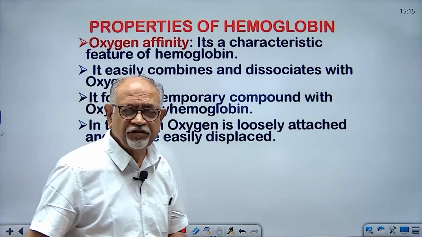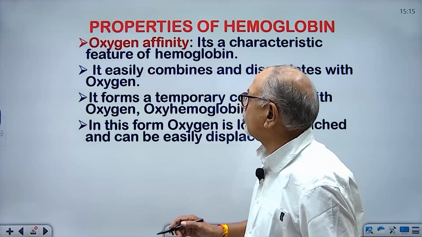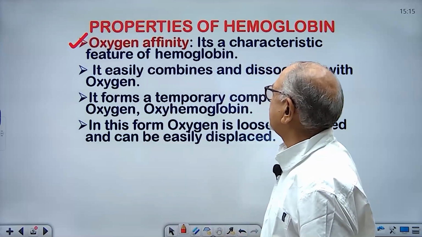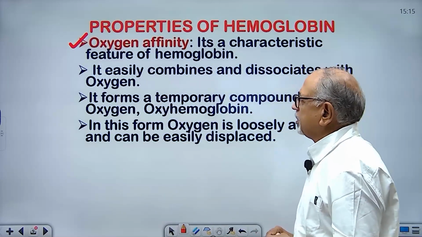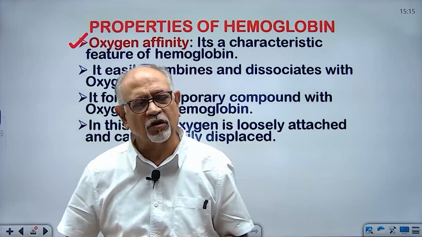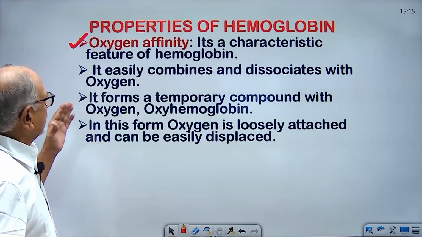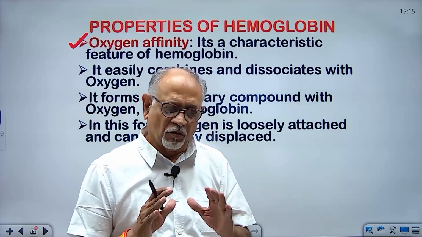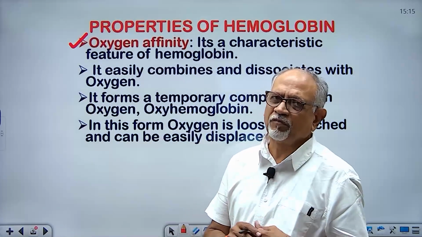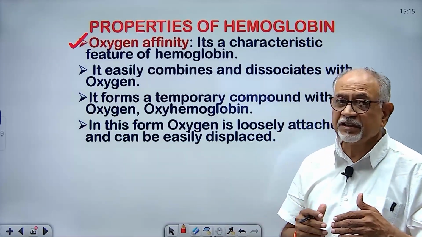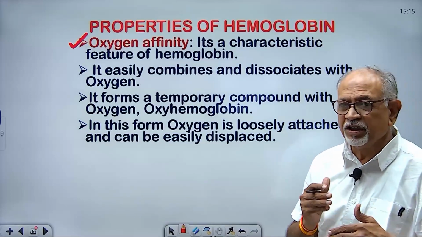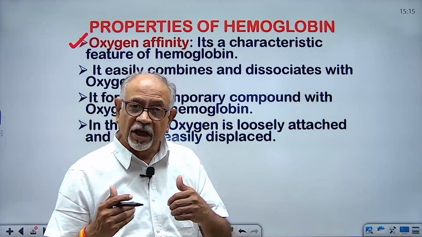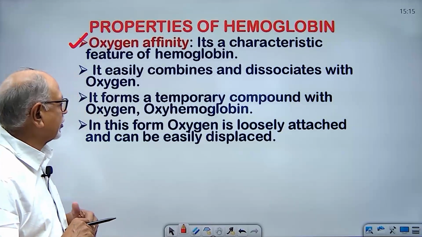Now, properties of hemoglobin. The hemoglobin shows affinity to oxygen. It is a characteristic feature of hemoglobin. It can easily combine with 4 molecules of oxygen, and then it can be easily dissociated into oxygen and hemoglobin back.